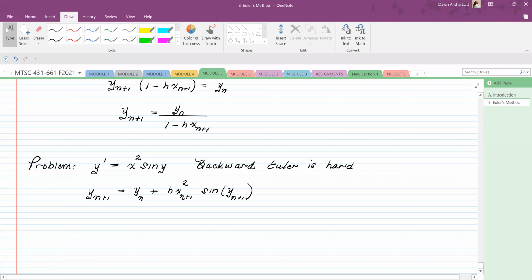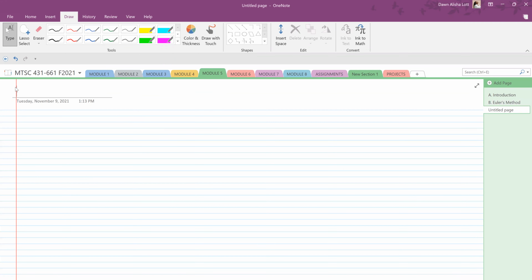Okay, so on Thursday, we will be doing the Runge-Kutta method. So we will be approaching a whole new method, which is the Runge-Kutta method.